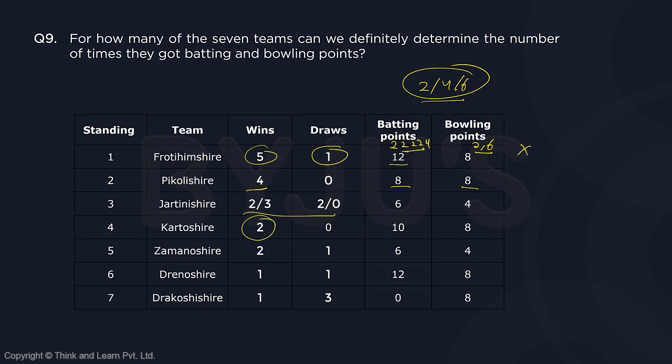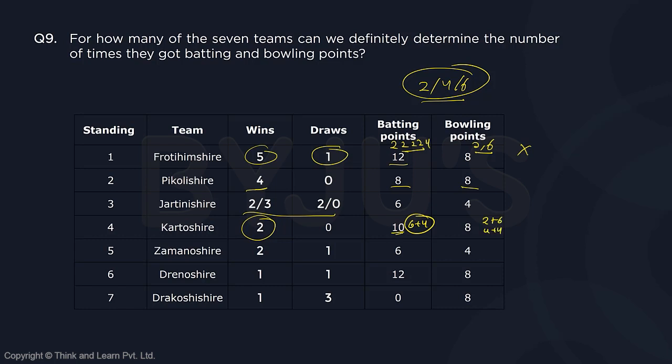Here we have only 2 matches. Now look at this, only 2 wins. So this can be done. So no draws are there. Total number of matches is 2 only, either wins or draws. And I can only deal with 2, 4, 6. So a sum of 10 is only possible with 6 and 4. So definitely I am sure that batting points were awarded twice. Similarly, 8 can be either 2 plus 6 or 4 plus 4.